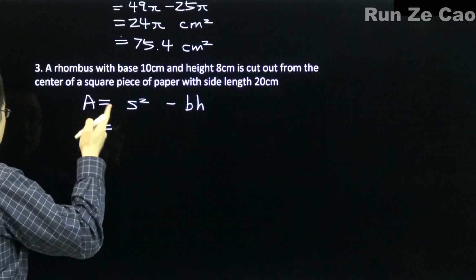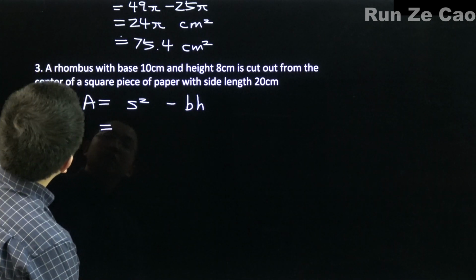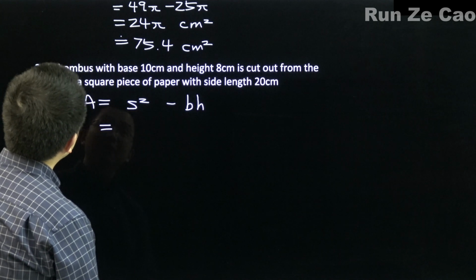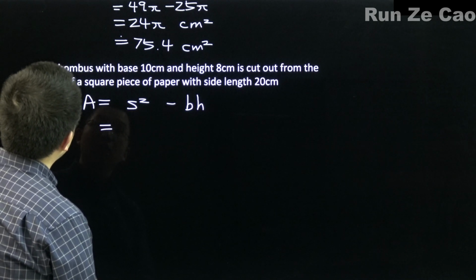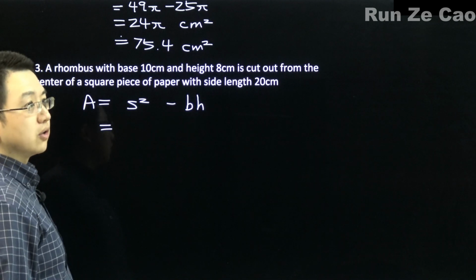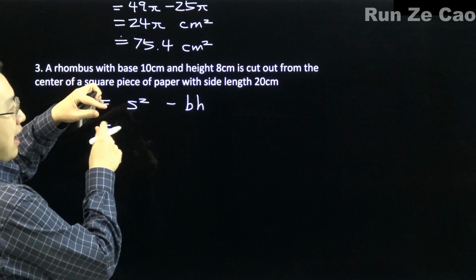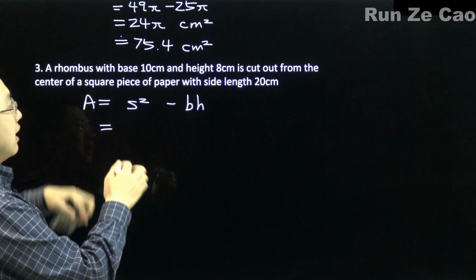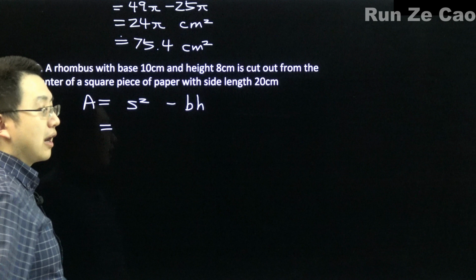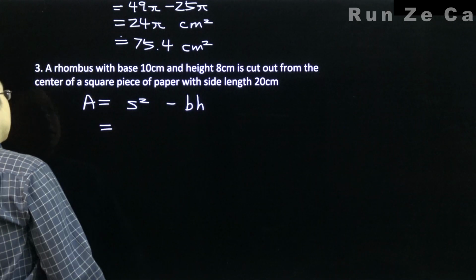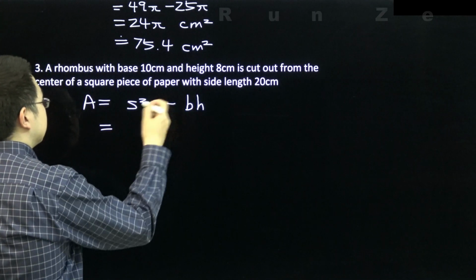First, we should take a moment to think, is this question plausible? Well, the base is 10 centimeters, and since this rhombus isn't negligibly tall, in other words, pretty much pinched flat, and is almost 10 centimeters by 10 to either side, the square piece of paper can accommodate it comfortably. Okay, the question makes sense.